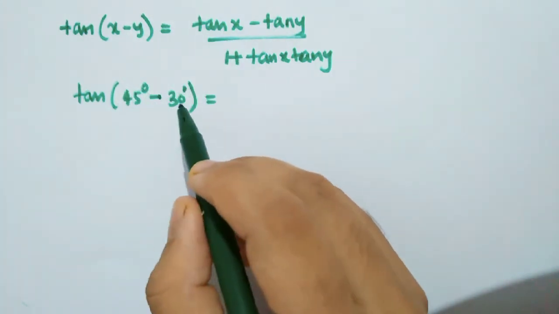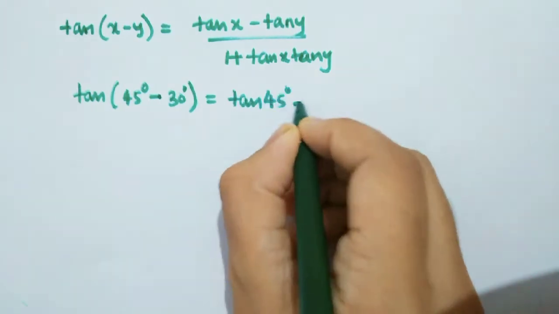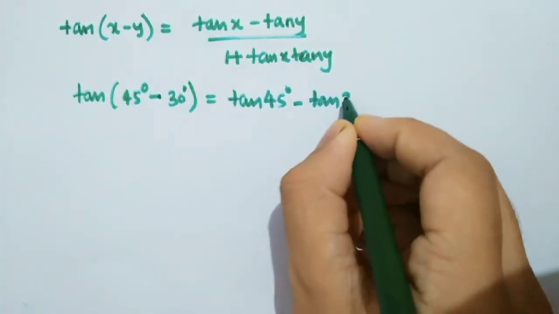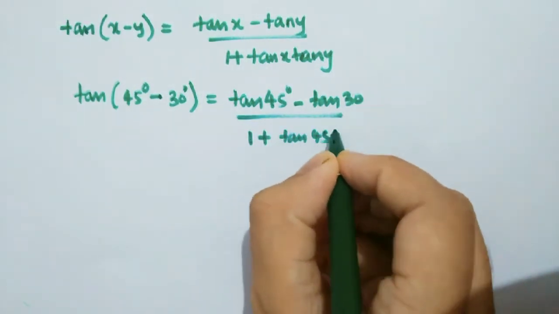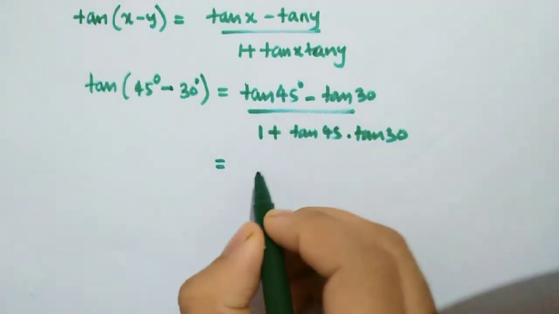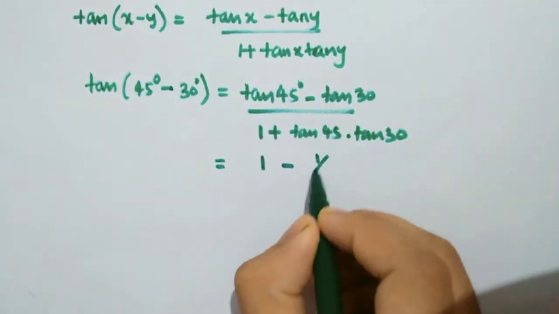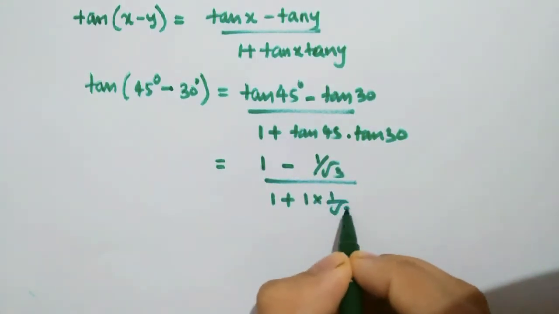So tan of 45 minus 30 degree can be written as tan 45 degree minus tan 30 degree divided by 1 plus tan 45 degree into tan 30 degree. That is equal to tan 45 is 1, minus tan 30 is 1 by root 3, divided by 1 plus 1 into 1 by root 3.